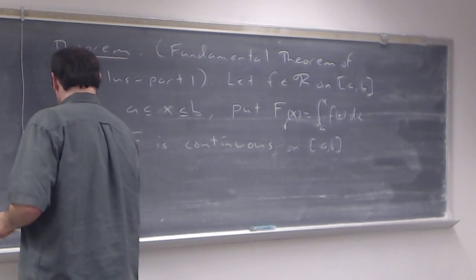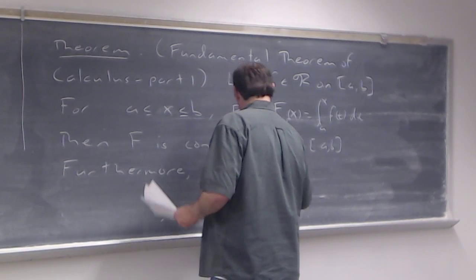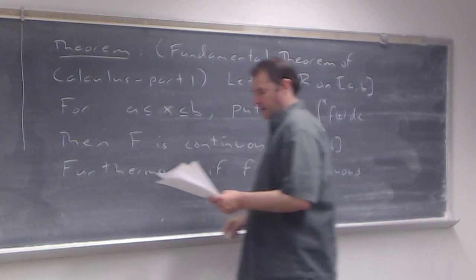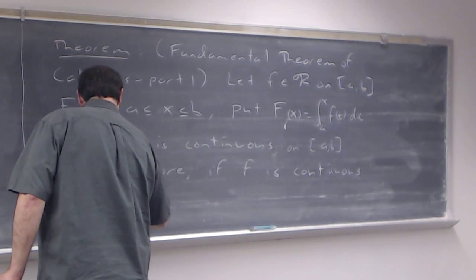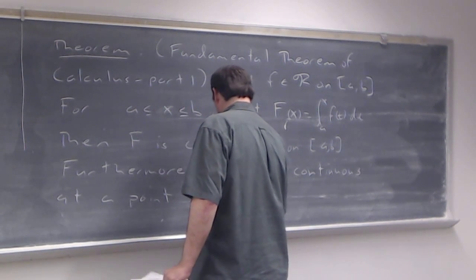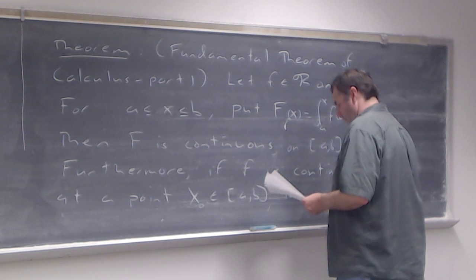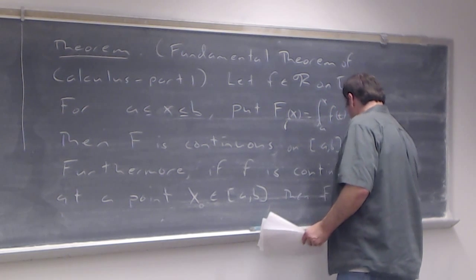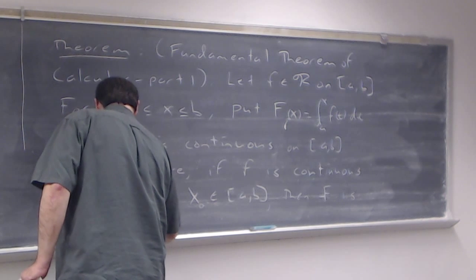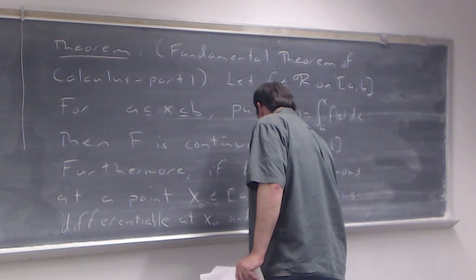Furthermore, if little f is continuous at a point x naught, an element of [a, b], then big F is differentiable at x naught, and I can tell you what the derivative of big F is.